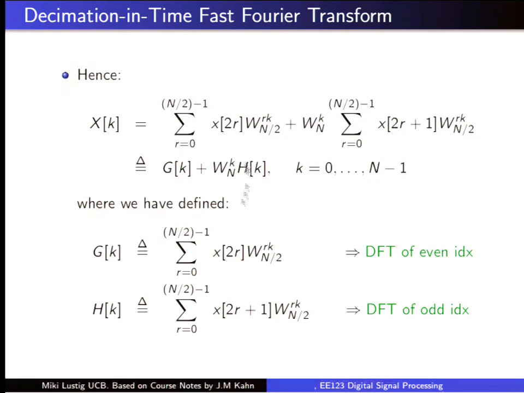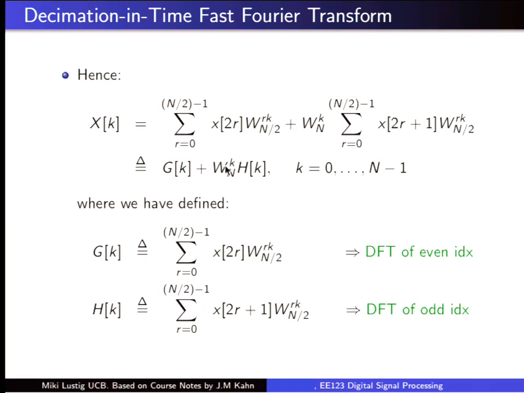And the odd ones are multiplied by what's called a twiddle factor. Essentially it is a linear phase with k. You see there's a linear phase here, because what's W sub n? It's a phase that changes linearly as a function of k.